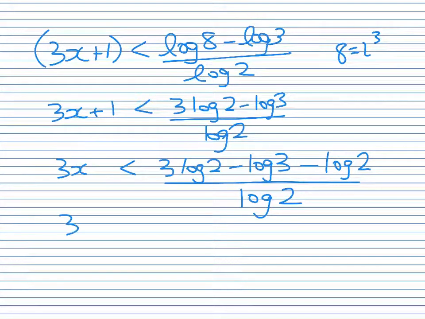Well, we've got 3x is less than 2 log 2 minus log 3 over log 2. One more slide. So x is less than 2 log 2 minus log 3 over 3 log 2.